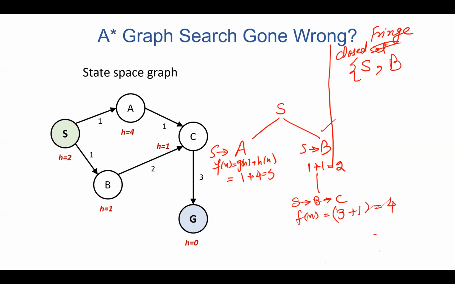Great. So from C, we can only go to G from here. Great. We have put C in the closed set, and we do S, B, C, G. Right? And what is the f of n here? 3 plus 2 plus 1, which is 6, and plus h of G, which is 0, which is 6.